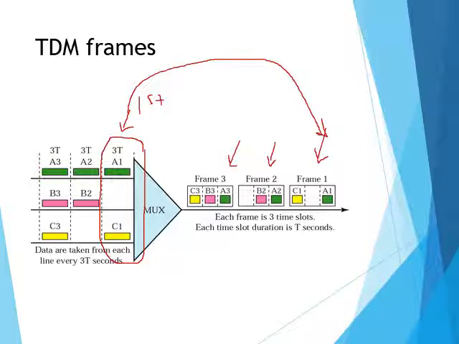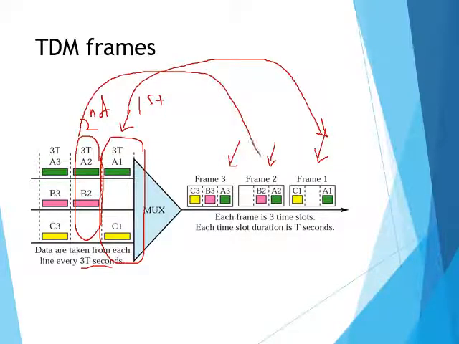Now let's look at the second 3T. It will form the second frame. The second frame contains A2, B2, and a blank space.